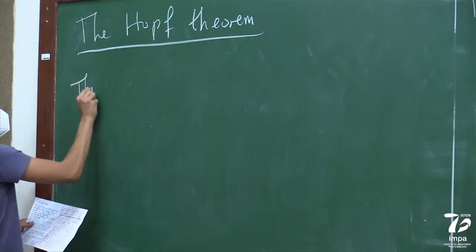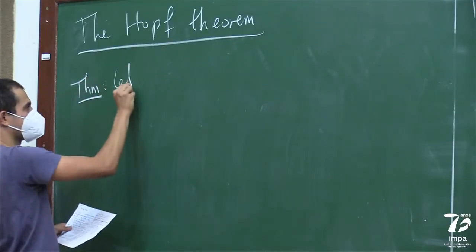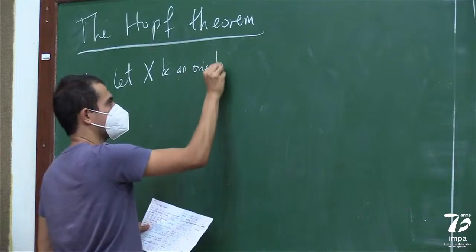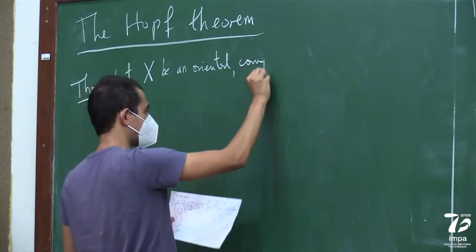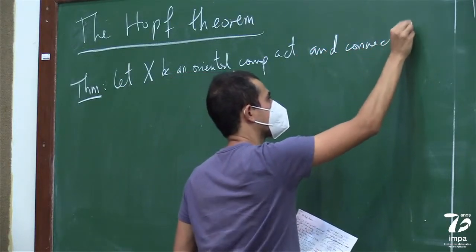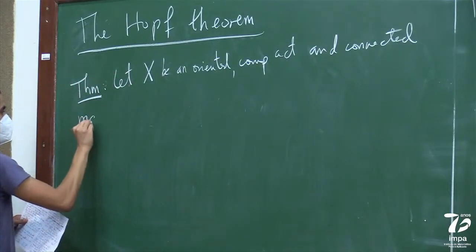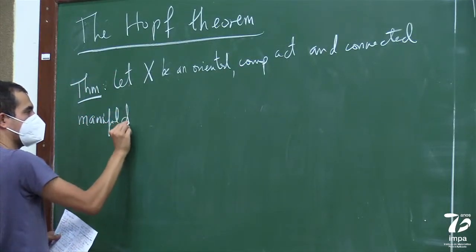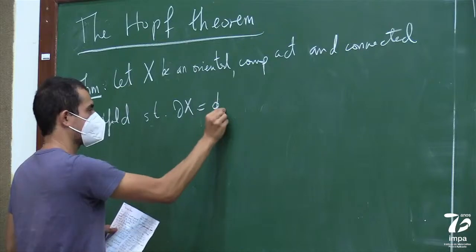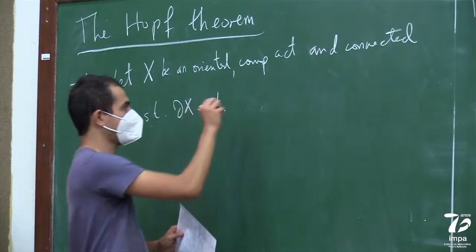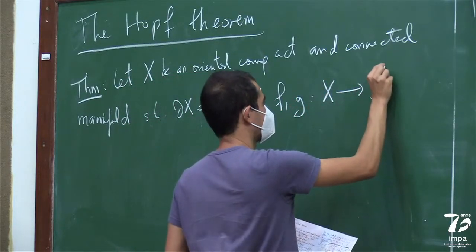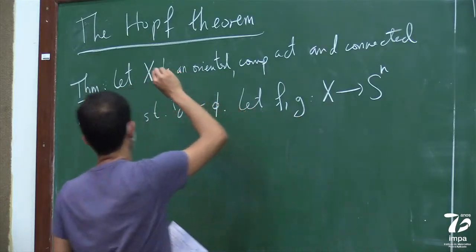So the theorem says the following. Let X be an oriented, compact, and connected manifold with no boundary, so such that the boundary of X is empty, of dimension n.